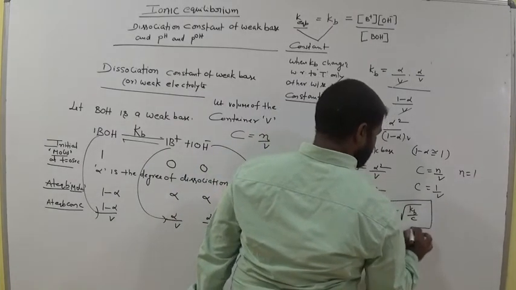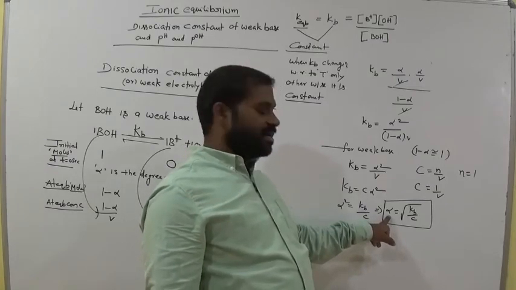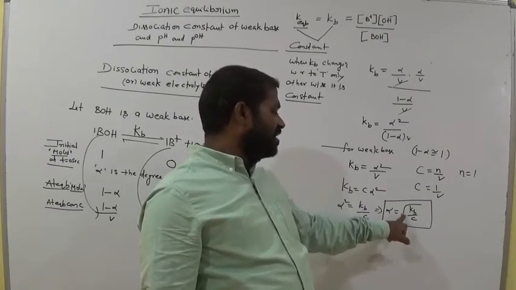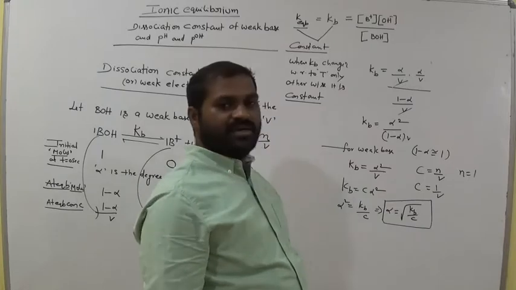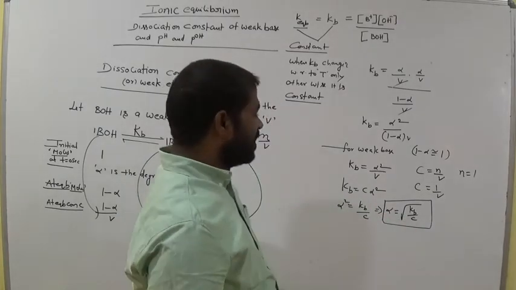This is the relation between the degree of dissociation for a weak base and its dissociation constant. Alpha equals the square root of Kb by C. Is it clear, all of you?